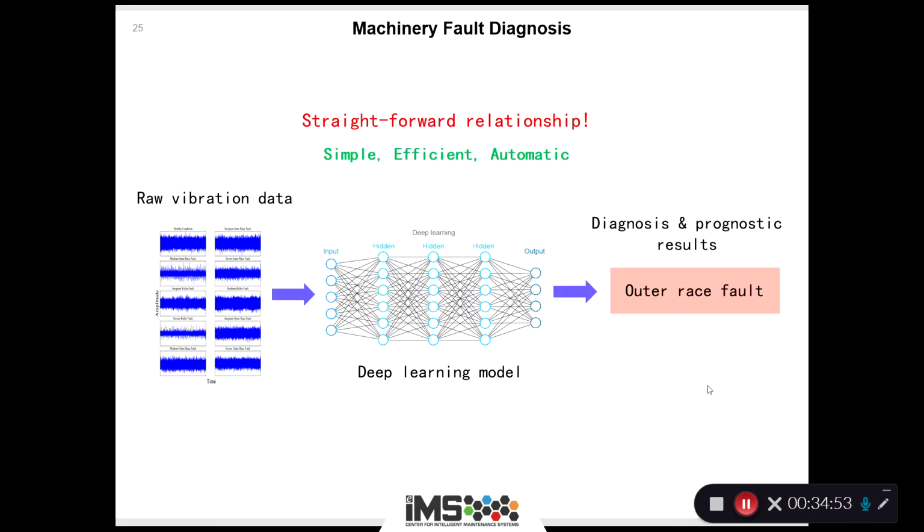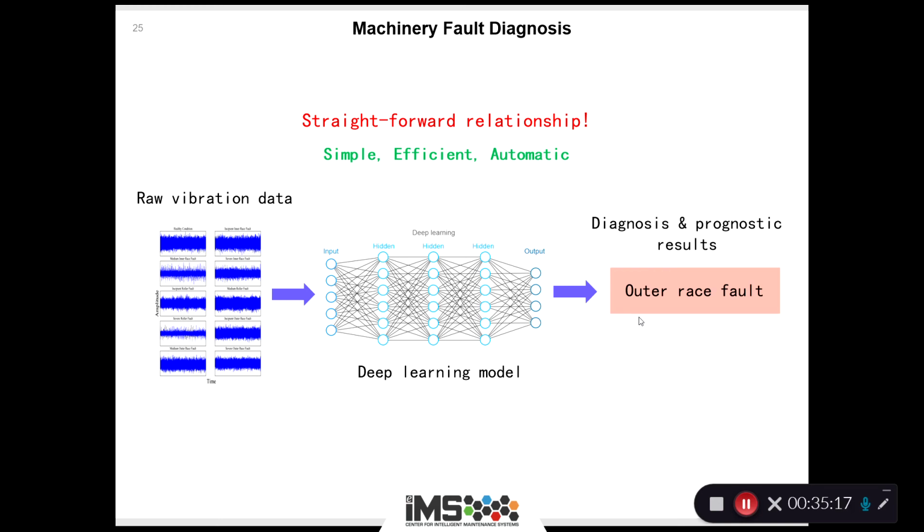And the flow is very straightforward. We just put the raw vibration data as the input, and directly give it to the model, and the model will automatically give us the output. The model will tell us what kind of health condition the bearing is in now.